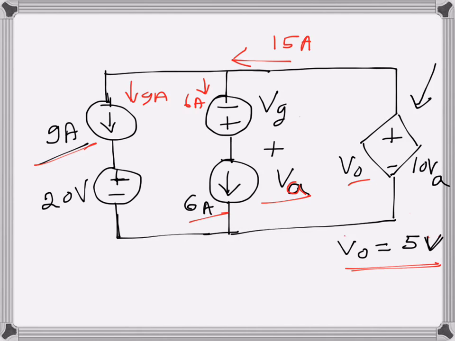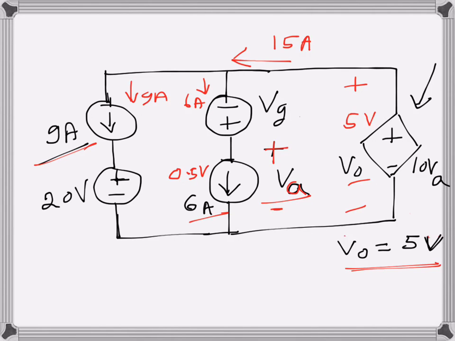So VA is 0.5. We know the voltage drop here is 0.5, negative here and positive here. I will write that value here, 0.5 volt. And this voltage drop is 5 volts.